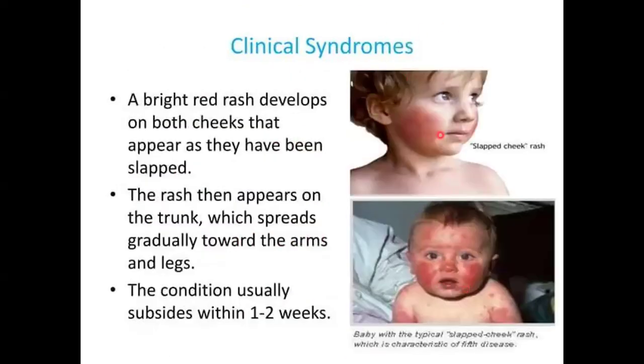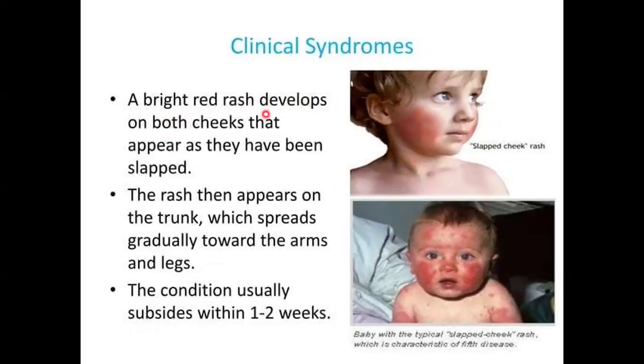So here, you'll be shown this picture, and they're going to ask you, what is this? So we call it the slapped cheek rash. If someone slaps you here, you usually get erythema or redness, okay? Can you see? It's called slapped cheek rash. So this is the 5th disease.